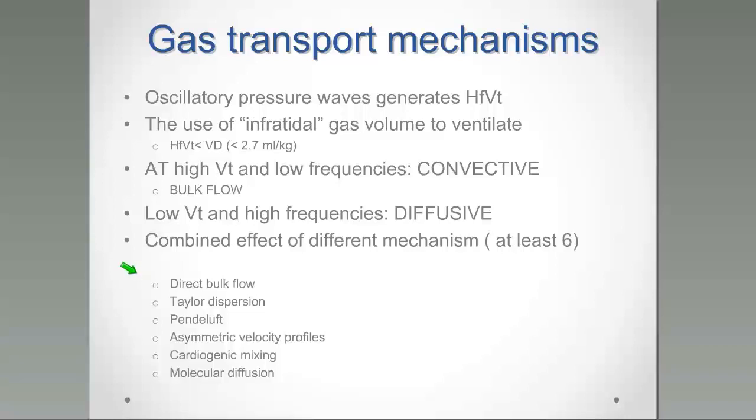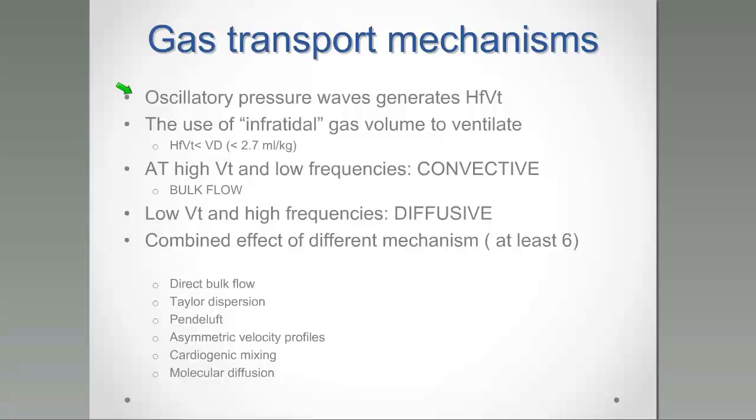These different mechanisms are direct bulk flow from the most proximal areas of the trachea, Taylor dispersion, pendelluft, asymmetric velocity profiles, cardiogenic mixing, and one, for me the most important, is molecular diffusion at the very end of the alveolus, where the alveolus is in touch with the vessel.